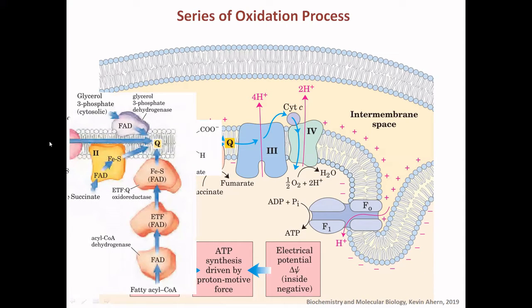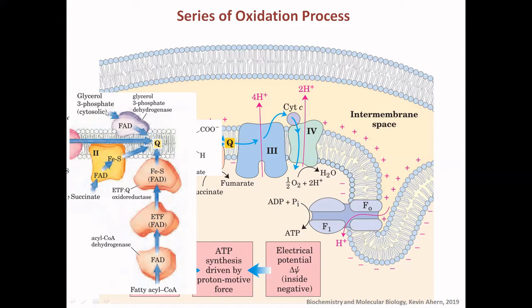Okay, and the other molecules bypass the succinate dehydrogenase, like the fatty acyl coenzyme A. Fatty acyl coenzyme A releases electrons, and it goes through acyl coenzyme A dehydrogenase, then electron transferring flavoprotein with the FAD, and finally the electron transferring flavoprotein ubiquinone oxidoreductase. Finally, it is oxidized and it reduces the quinone into the quinol.